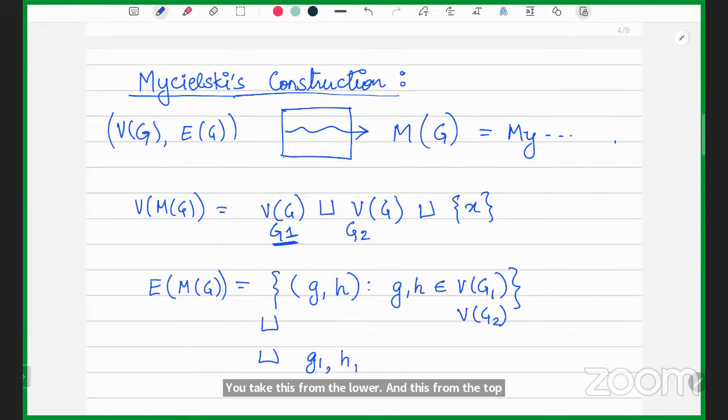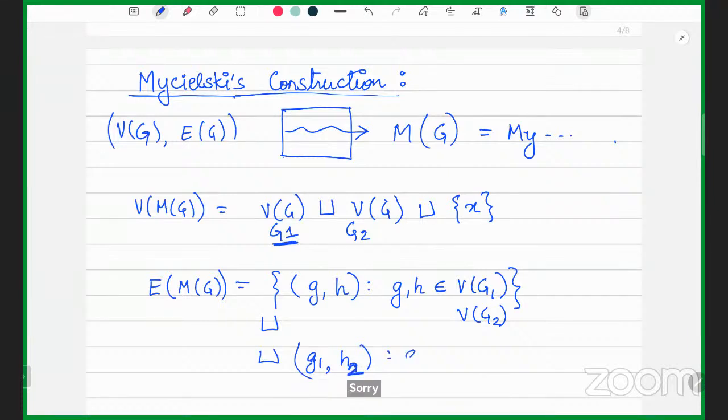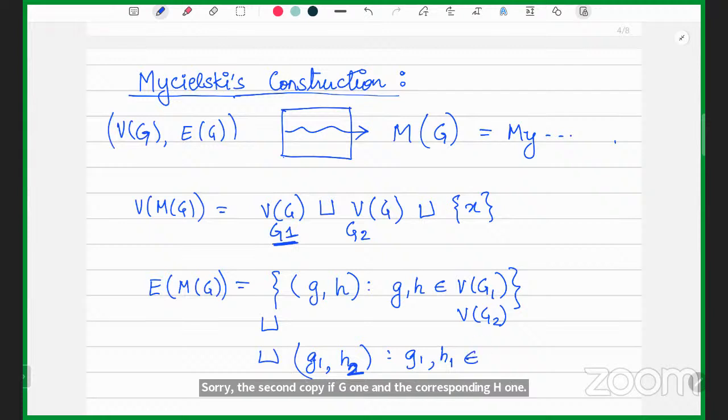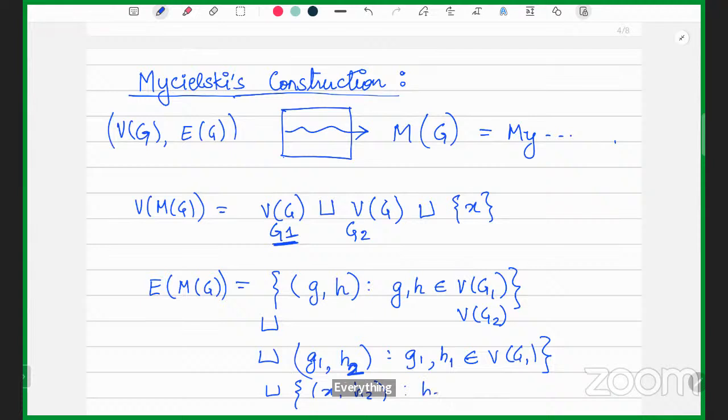Sorry, the second copy, if G1 and the corresponding H1 are in the original copy. Disjoint, the X which you have added is adjacent to everything in the second copy.